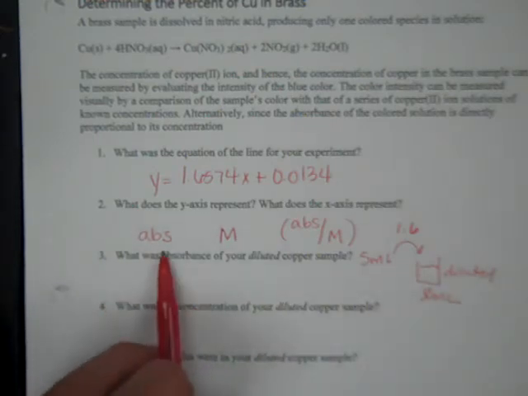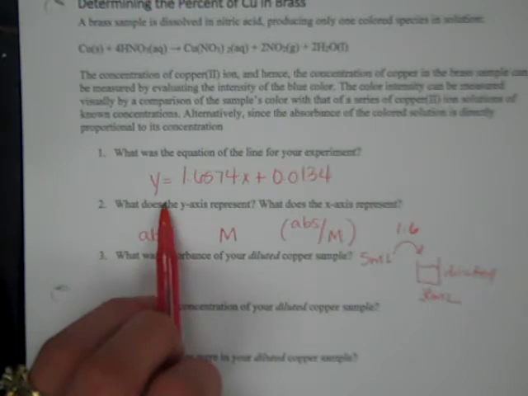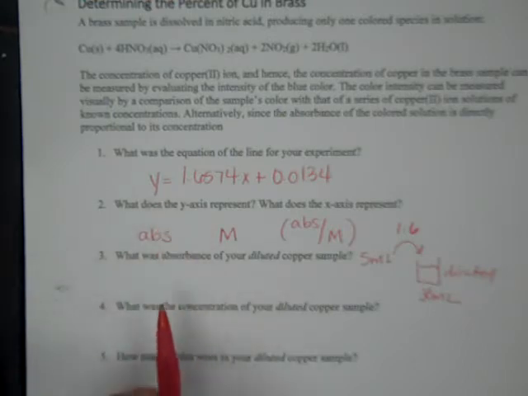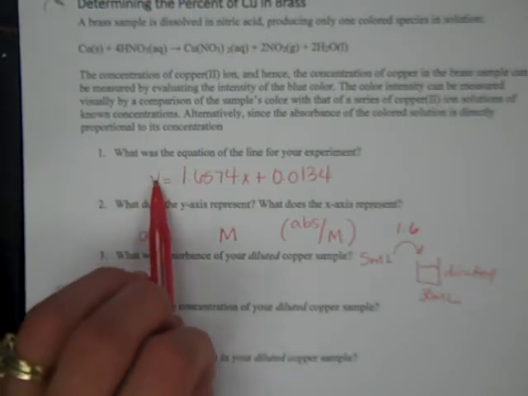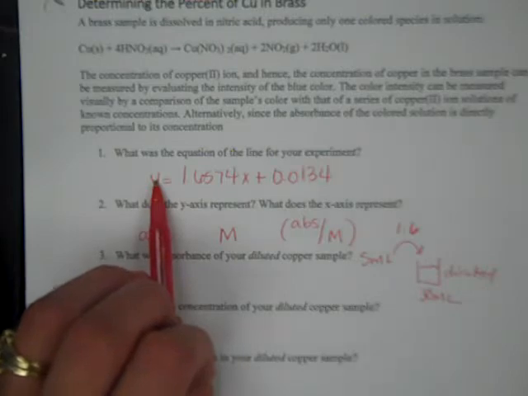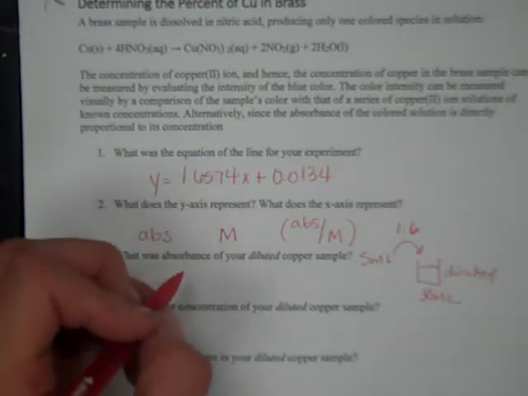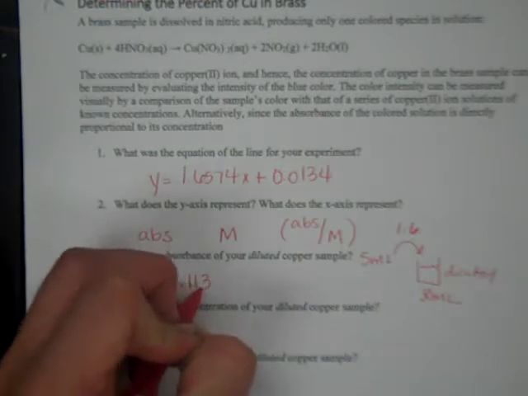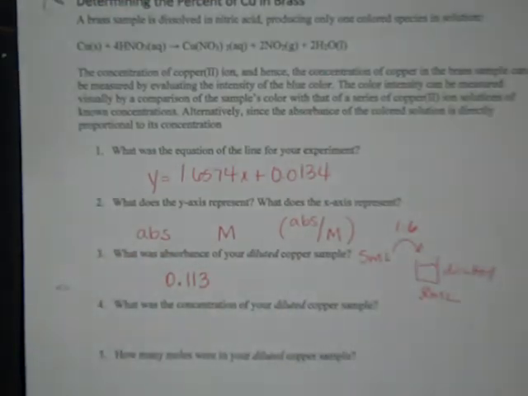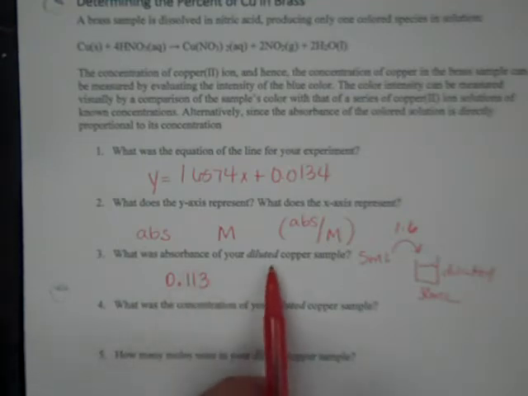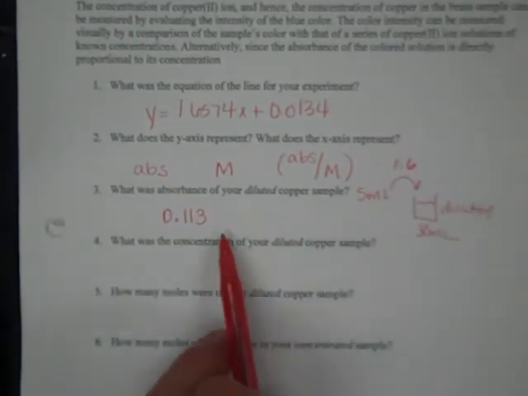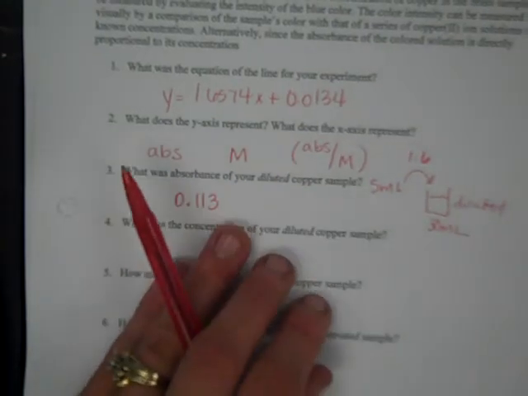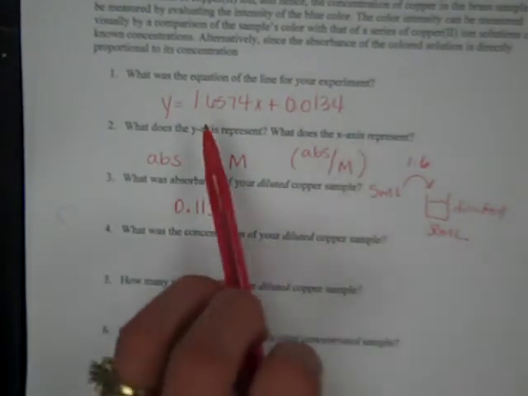So because absorbance is on your y-axis, your absorbance will be plugged into the y in your y equals mx plus b equation. And this is some sample data. So I saw the machine read 0.113. That is the absorbance of my diluted copper sample. The concentration of my diluted sample can be solved using this y equals mx plus b equation.